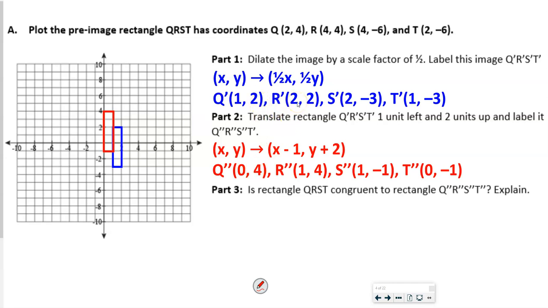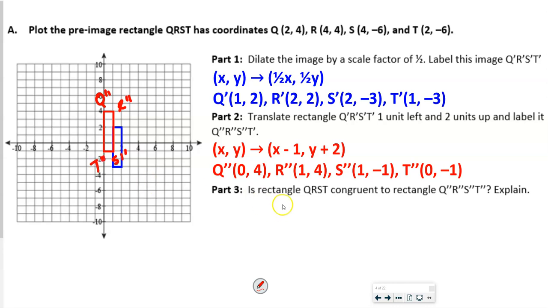Again, subtracted 1 from 2, got 1. Added 2 to 2. Subtracted 1, added 2, subtracted 1, added 2. Okay, so that's how we got our new QRST double prime. So Q double prime, R double prime, S double prime, T double prime right there.